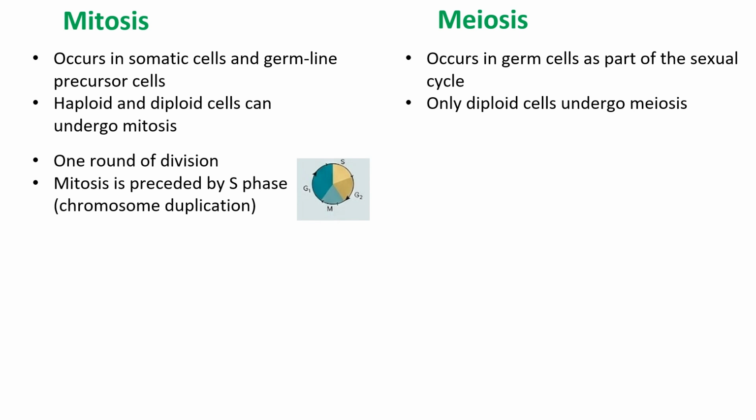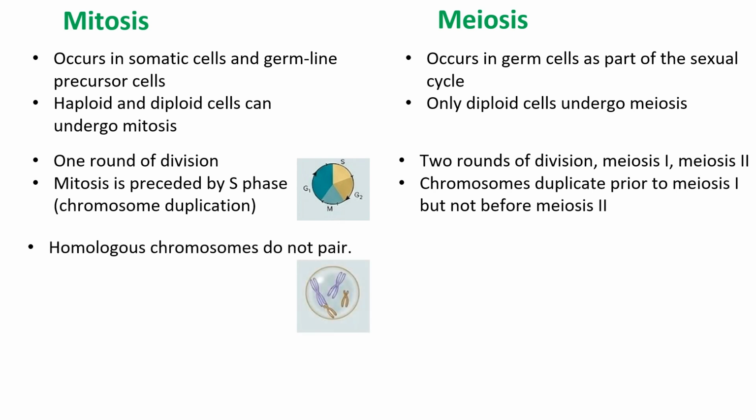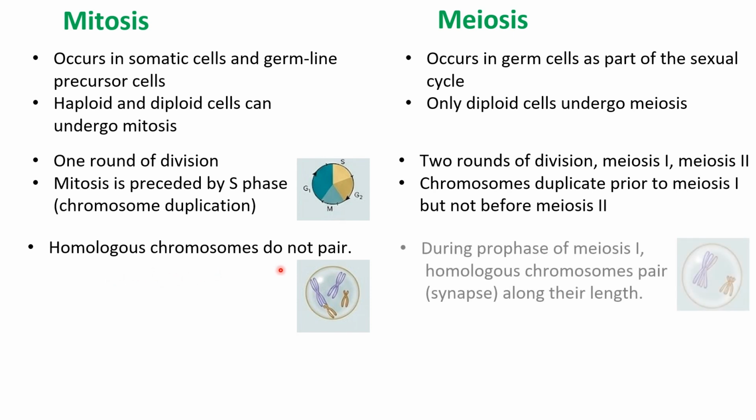Mitosis has one round of division, but meiosis has two rounds of division called Meiosis I and Meiosis II. Mitosis is preceded by S phase. In meiosis, chromosomes duplicate prior to Meiosis I, but not before Meiosis II. In mitosis, homologous chromosomes do not pair.